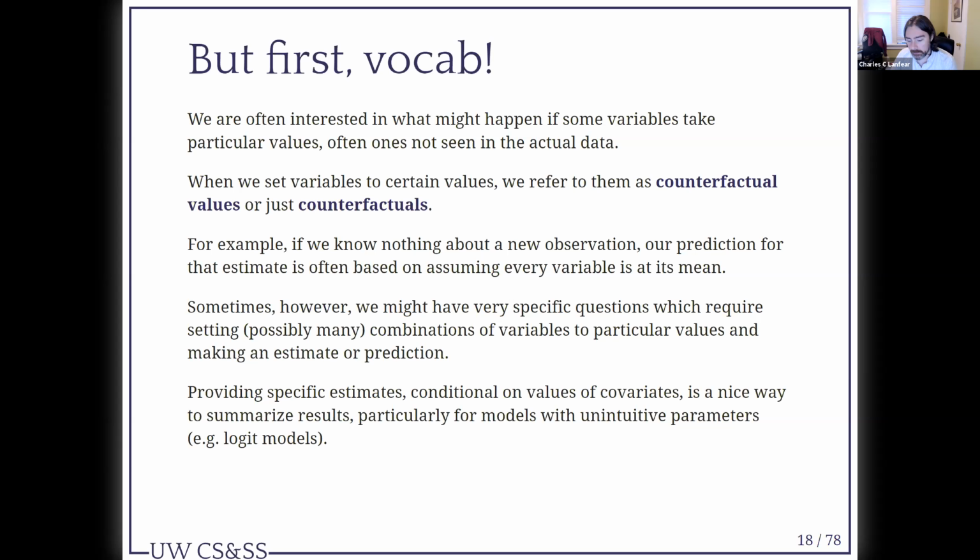So instead of saying something like, well, the odds ratio is 2.4, no. Instead, you might say, if we go from a value of 0 to 1 on my variable, if everything else is held at its mean, it increases the probability by 0.25. Then you're speaking in terms of probabilities. People tend to get probabilities pretty well. It's 25% more likely to happen. Okay? Counterfactuals enable us to do that sort of thing with models like logit models.